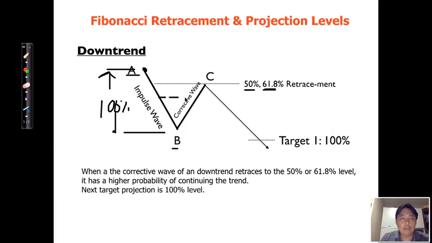Somewhere there would be 50%. And ideally, to retrace to 61.8%, which is the actual Fibonacci level. But if it retraces to more than 61.8%, it tells you that the downtrend wave could be broken, and it's a very risky trade to take. All right. So let's take a look at an example on the charts right now.